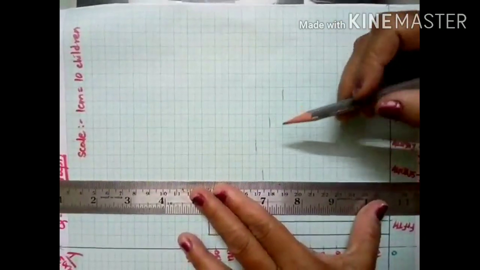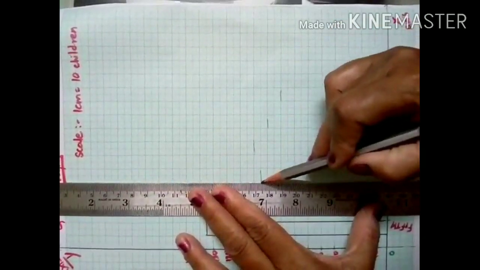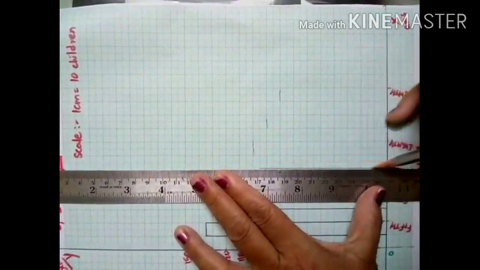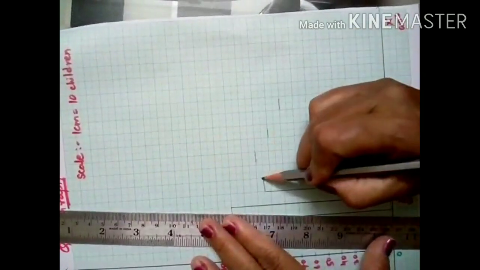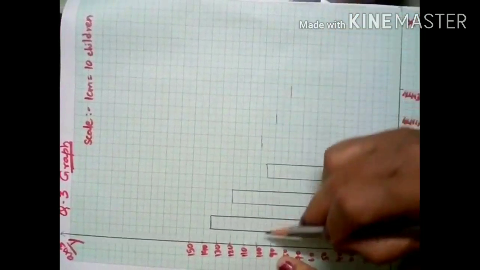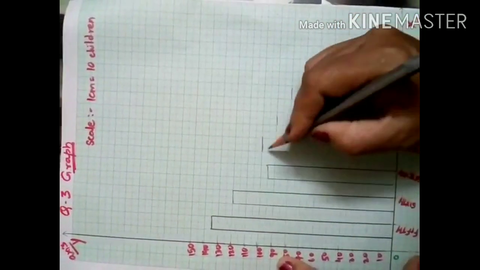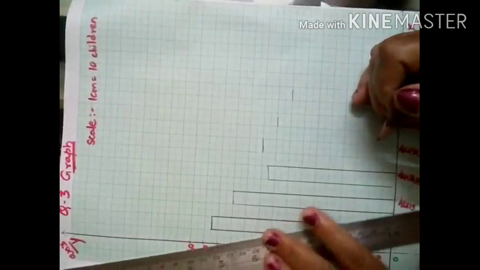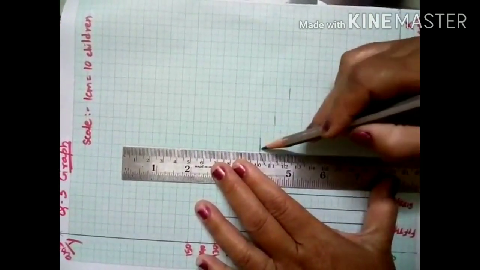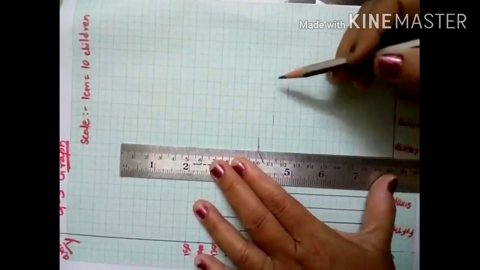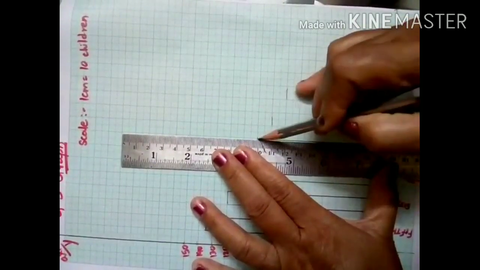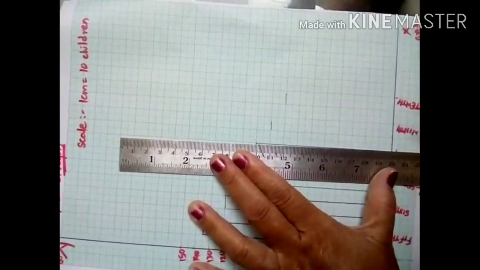So let us draw this. This is 95. Now for 8th standard it is 100. So in front of 100, 8th standard should come like this. Now 9th standard is 90.